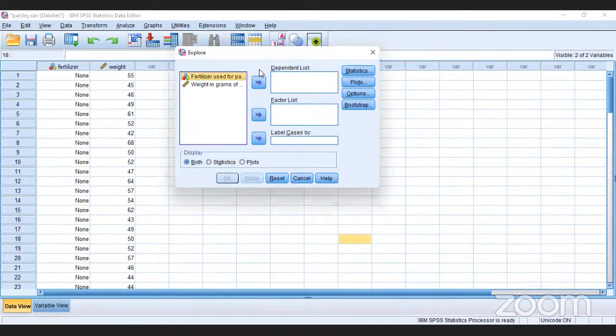From explore, what do we do now? We want to examine. What should we do? Which one is the dependent factor and which one is the factor? Those are the variables. Look at the variables and give me all the people.